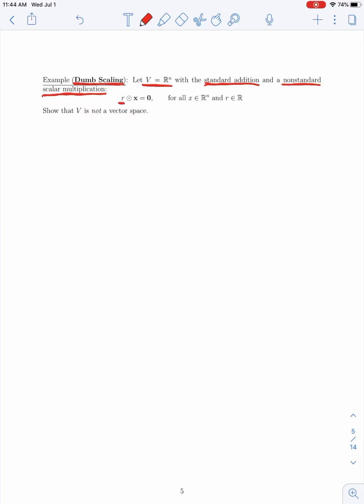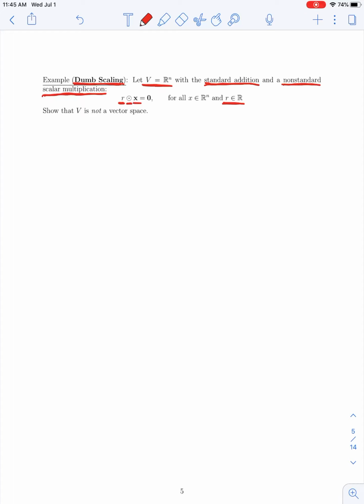So for any scalar r, some real number, I'm going to define a non-standard scalar multiplication as follows. Since I'm using a non-standard operation, I'm going to use the symbol circle dot to denote the non-standard multiplication operation.